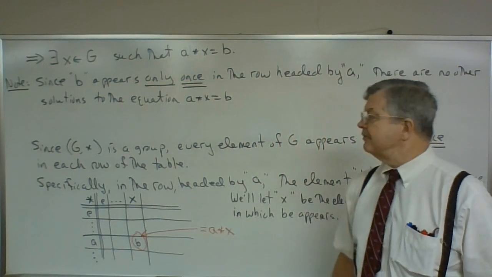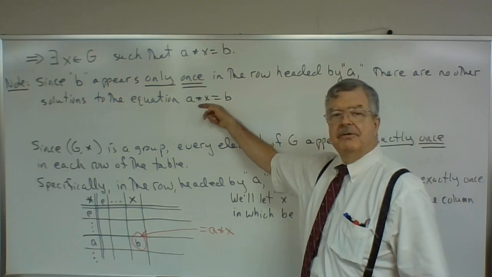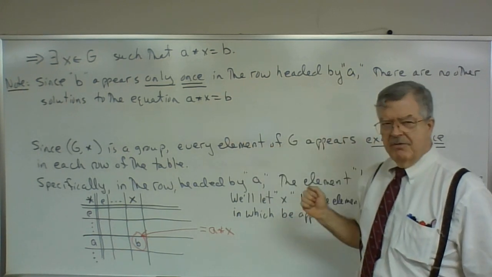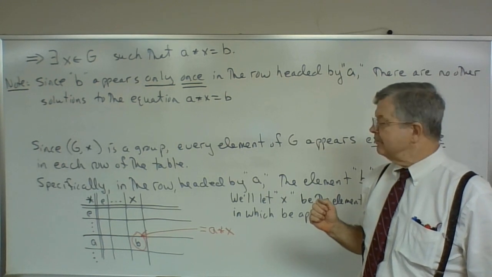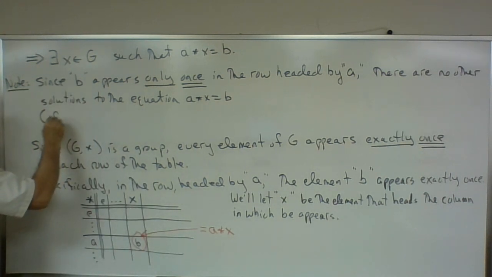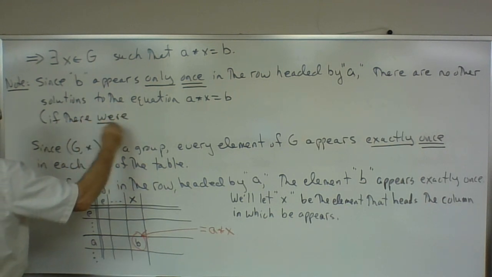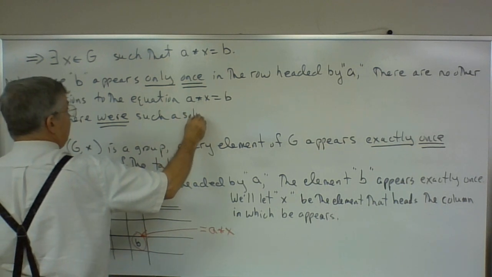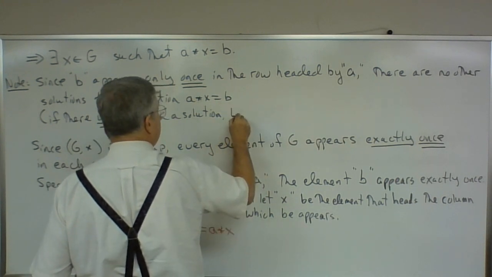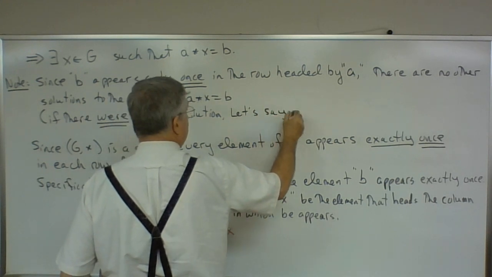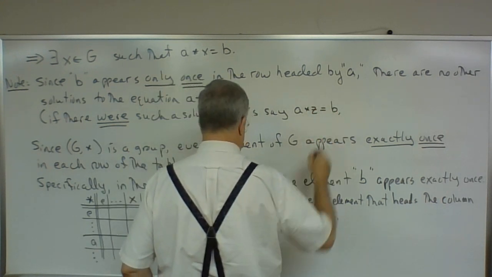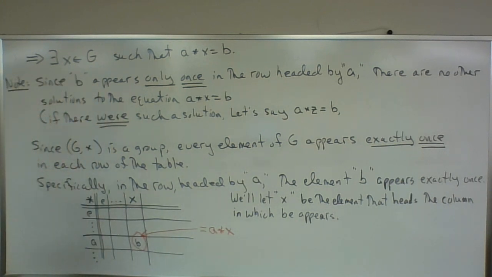And what's my reasoning on this? If there were another solution to this equation, then the element B would have to appear somewhere else in row A. For example, let's say we did have another solution.